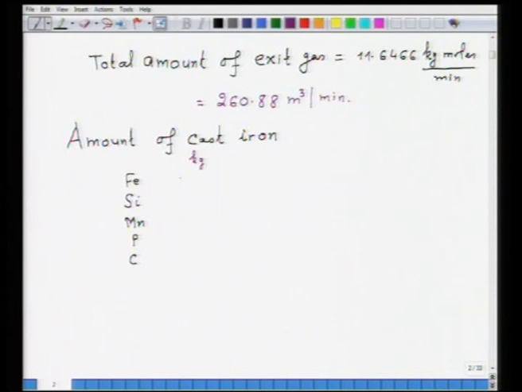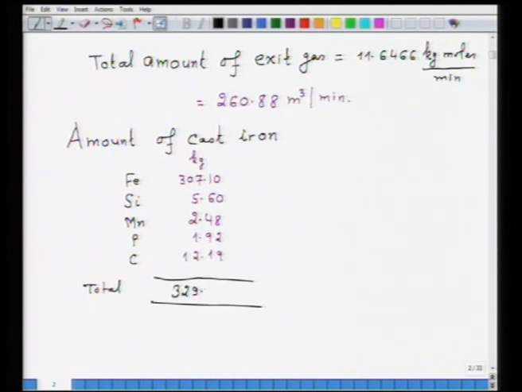Say iron is 307.10, silicon 5.60, manganese 2.48, phosphorus 1.92 and carbon 12.19, and this makes total, that is total weight of cast iron, 329.29, and we can also calculate in percent.